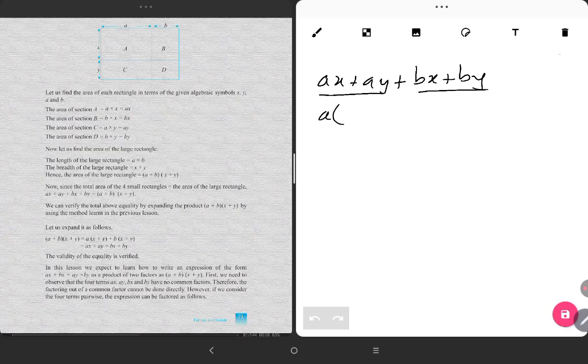So when I take a out, it becomes x plus y, and then you have to take b out from the other two terms, and x plus y.